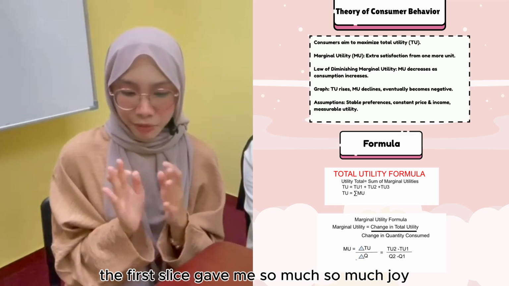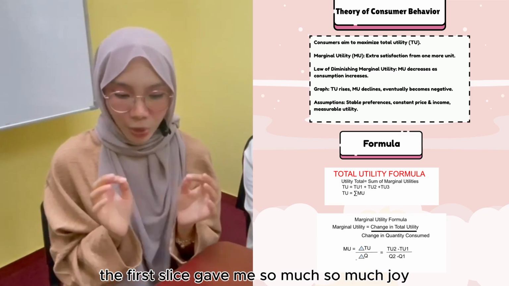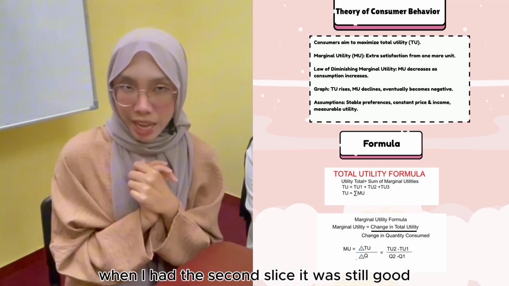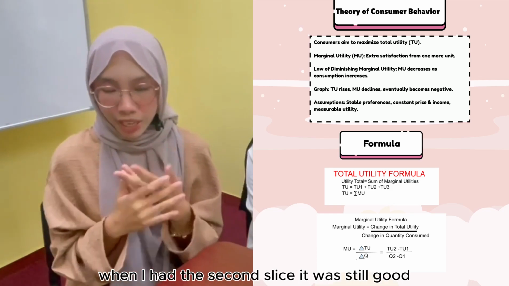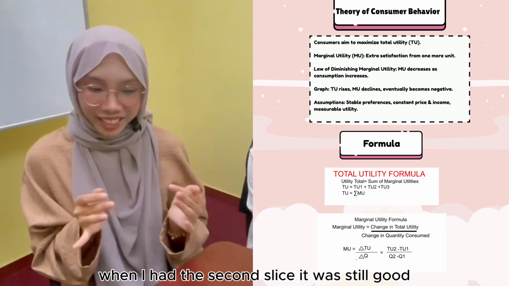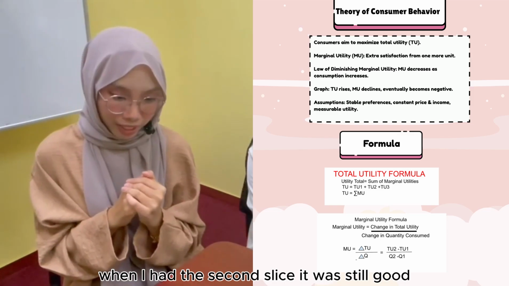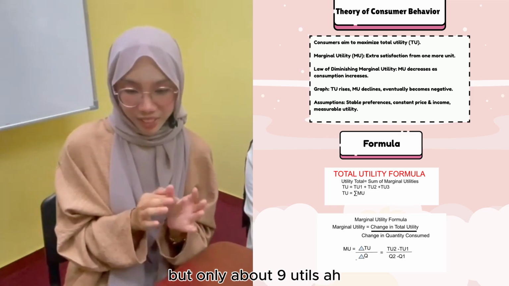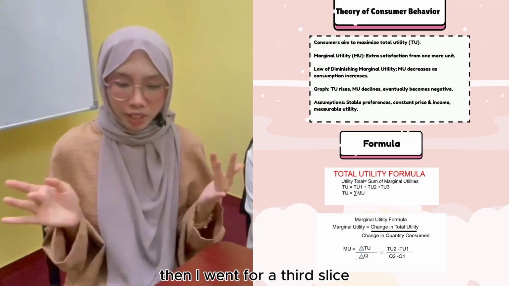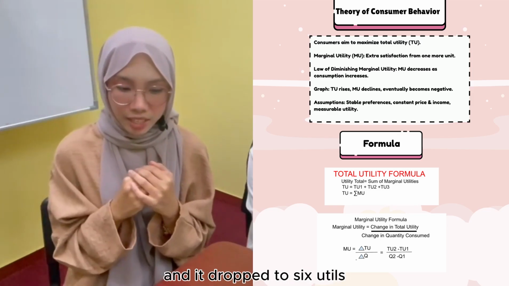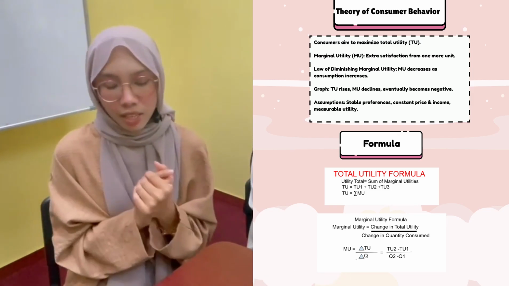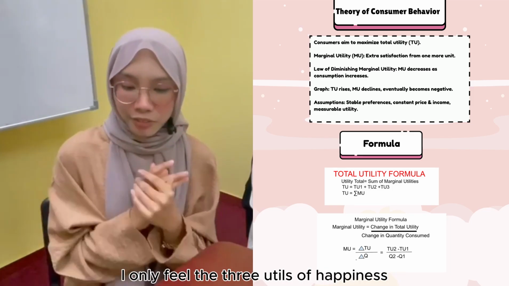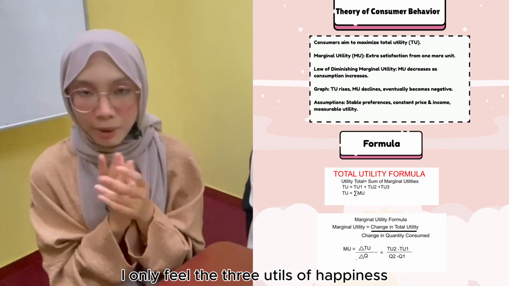the first slice gave me so much joy, like 12 utils of satisfaction. When I had the second slice, it was still good, but only about 9 utils. Then I went for a third slice, and it dropped to 6 utils. Now after the fourth slice, I only feel 3 utils of happiness.